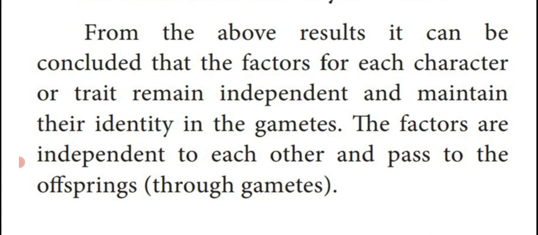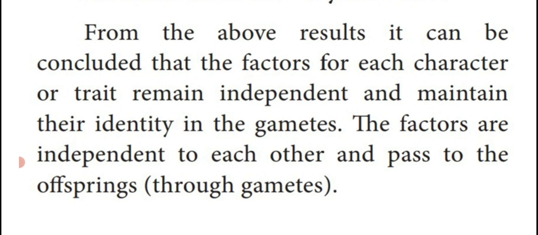From the above result, Mendel concluded that the factors, that means genes, occur in pairs only. First they are segregated, but they are independently segregated and they maintain their original identity in the gametes.